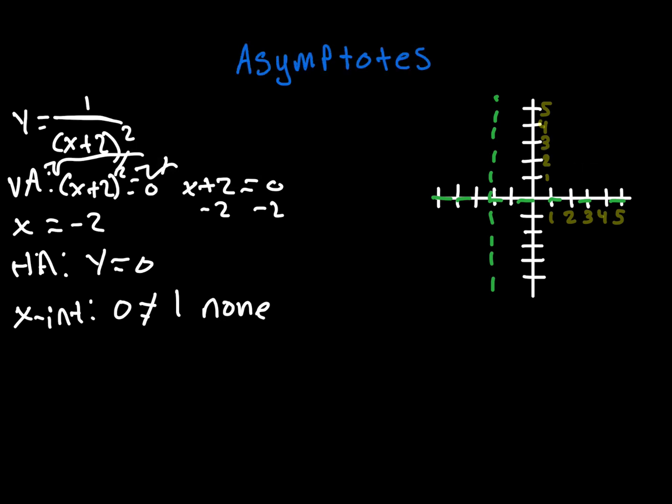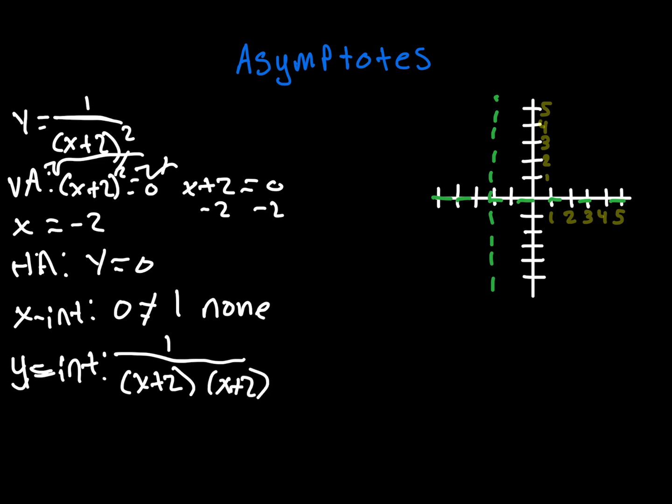Now for our y-intercept, we would have to plug 0 into x. But we also have to factor our denominator, and we could do that using the difference of two squares. So (x plus 2)(x plus 2).